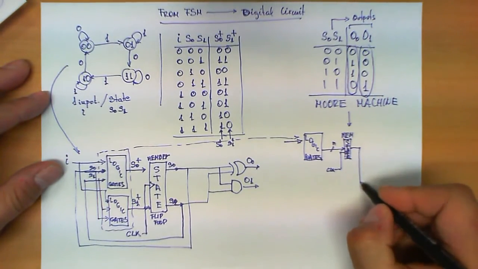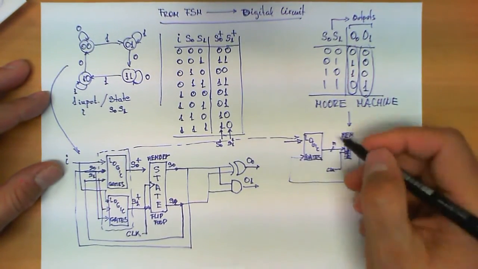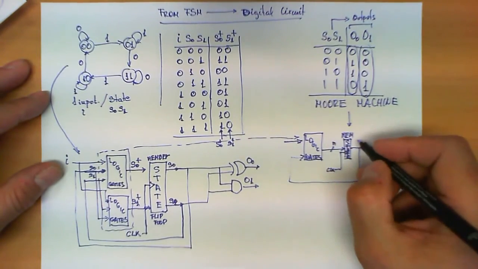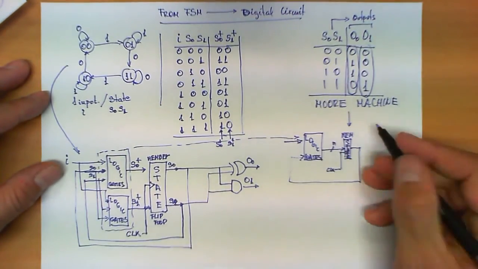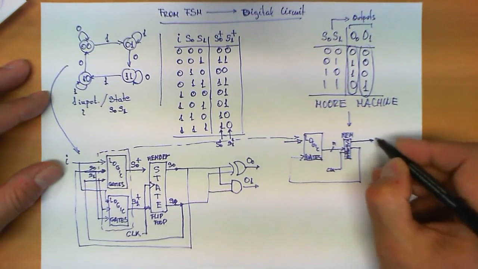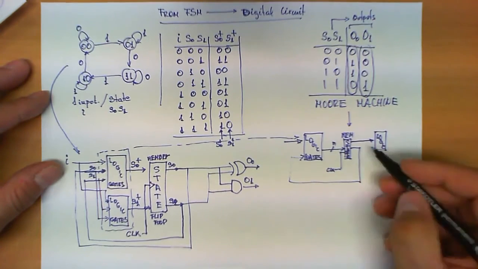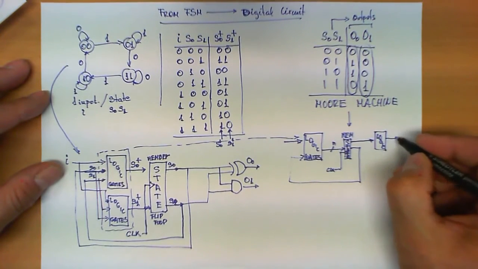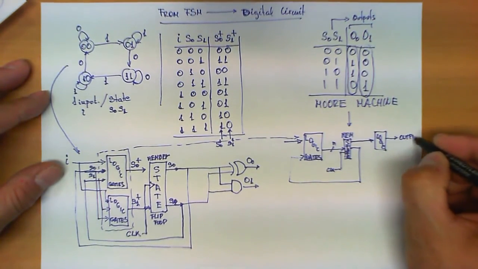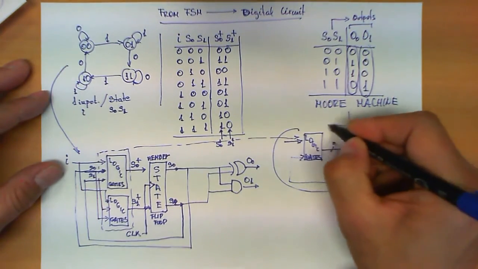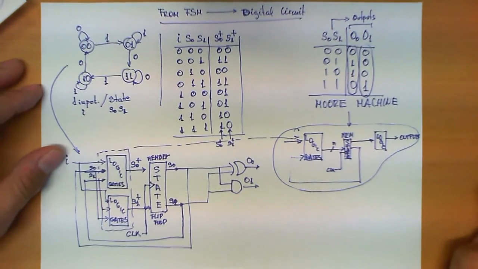And the value of these variables is also used by these logic gates to compute the next state. Additionally, in case of a Moore machine, there is another block of logic gates here that take the state variables and produce the outputs. So what we have here is a schematic representation of a Moore machine.